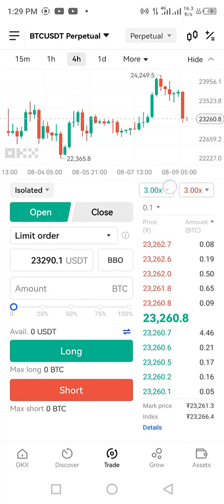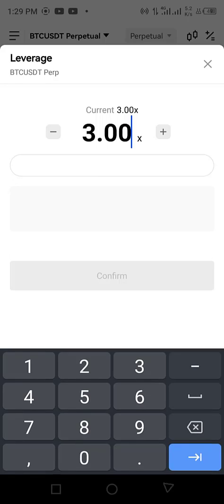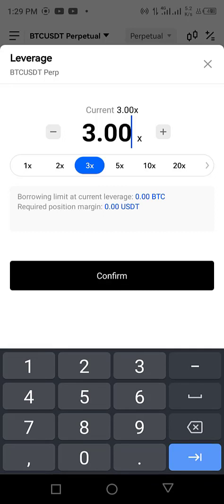And if you go down by the side of this, where my marker is right here, is the leverage. What leverage does is it increases your purchasing power. Let's say for example, if you have 20 USDT in your account, normally on spot you can only use that 20 USDT to buy BTC, but on the futures market you can use leverage to increase your purchasing power.